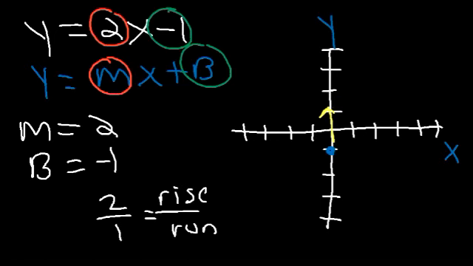So therefore, the next point is going to be at 1, comma 1. So then we're going to rise 2, run 1. So the next point is going to be over here. And at this point, we can draw a straight line. And so that's how you can graph an equation in slope-intercept form.